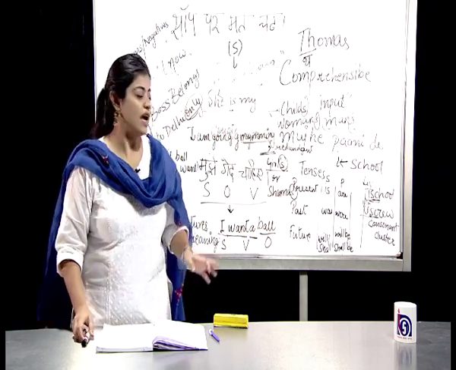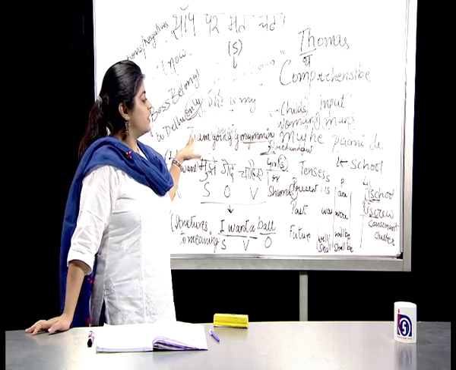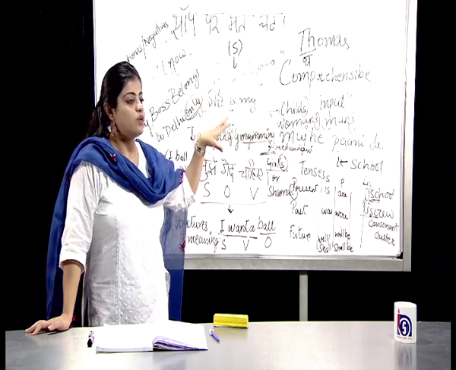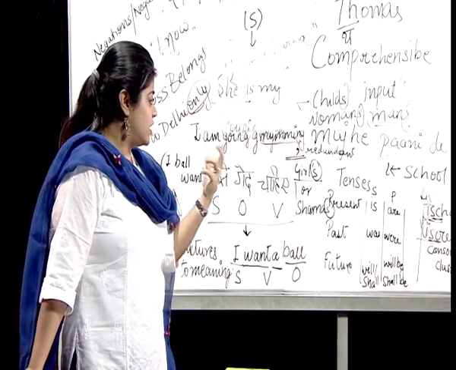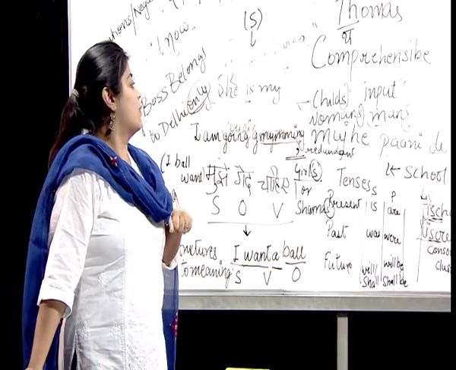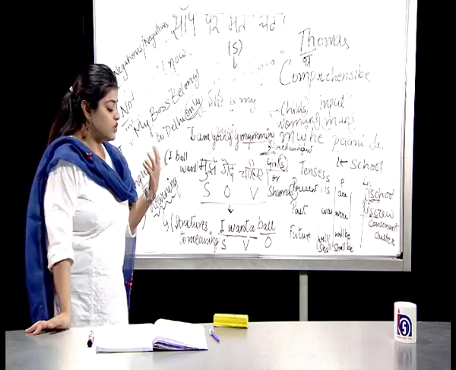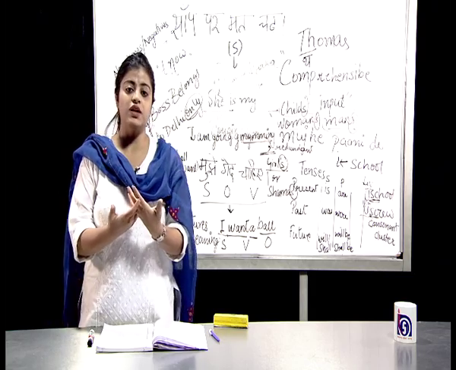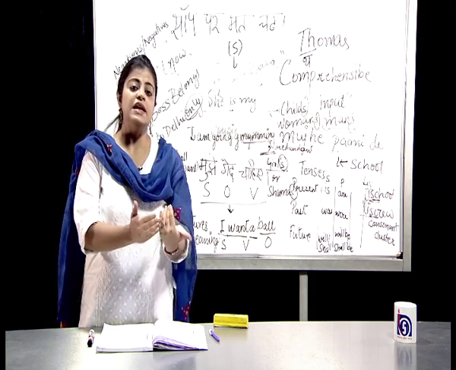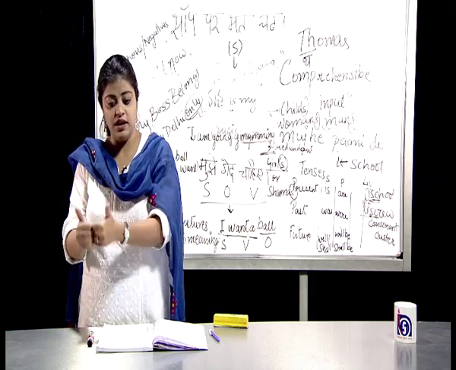So, students, I would like to end my lecture over here, but we'll just go back to the certain concepts that we have dealt with about English language learning and learning of English as a second language. The first thing that we tried to understand is what is a second language. The second thing, what is the difference between language acquisition and language learning.